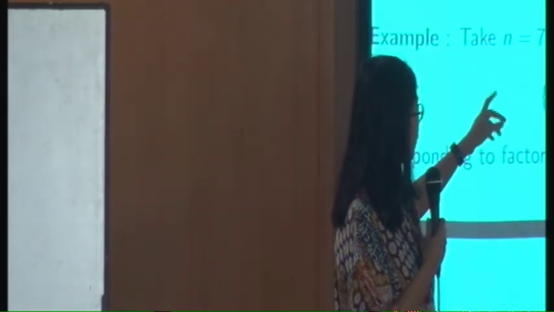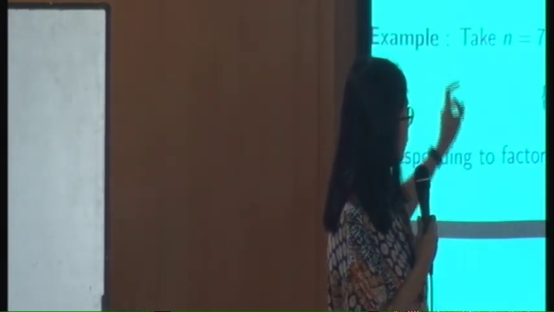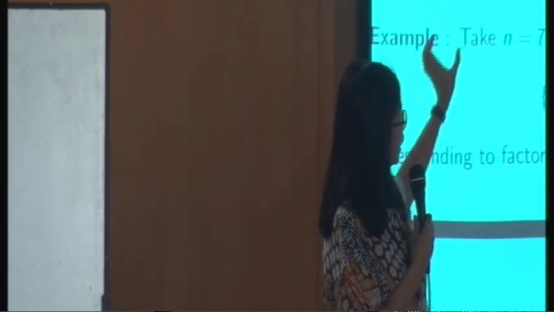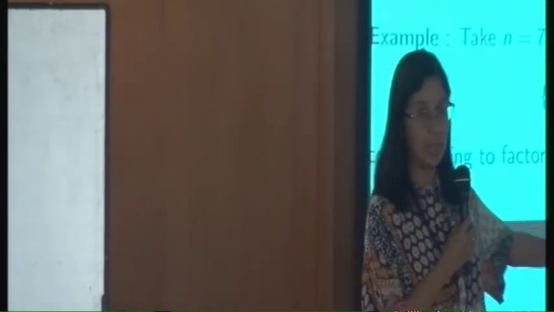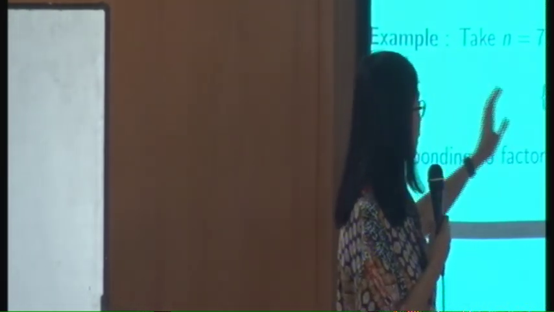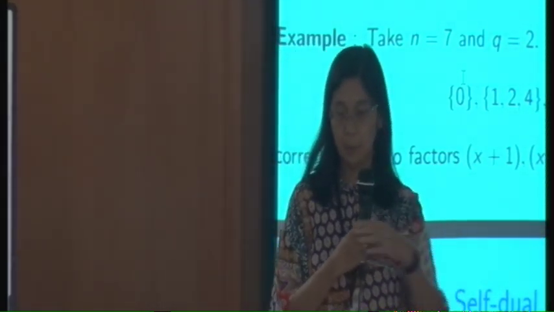And for alpha power 1, alpha power 2, and alpha power 4, we multiply all of them, and we get x cubed plus x plus 1. And the last factor is x cubed plus x squared plus 1.